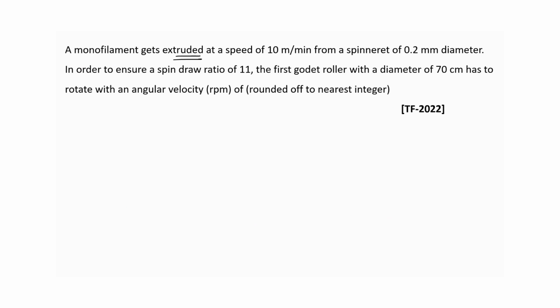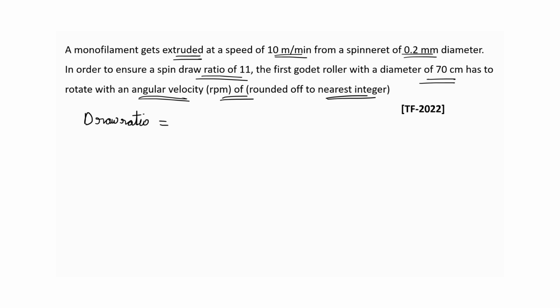It is said that a monofilament gets extruded at a speed of 10 meter per minute from a spinneret of 0.2 mm diameter. In order to ensure a spin draw ratio of 11, the first godet roller with a diameter of 70 cm has to rotate with an angular velocity, RPM, rounded off to the nearest integer, meaning you have to answer in integers. So what is draw ratio in general?